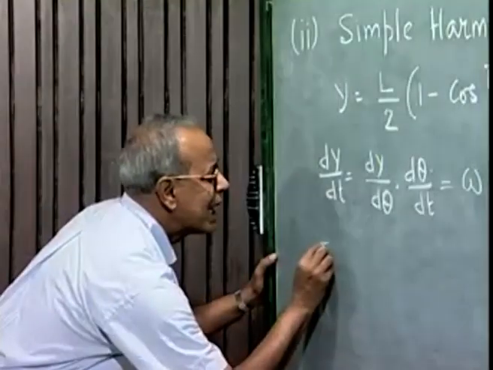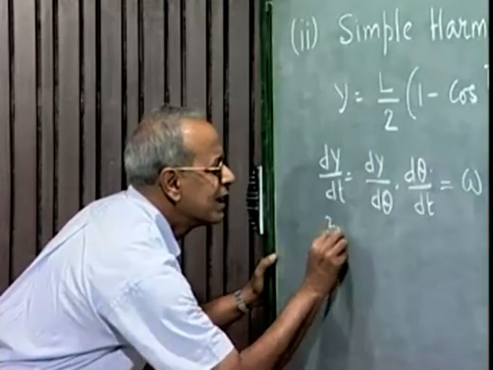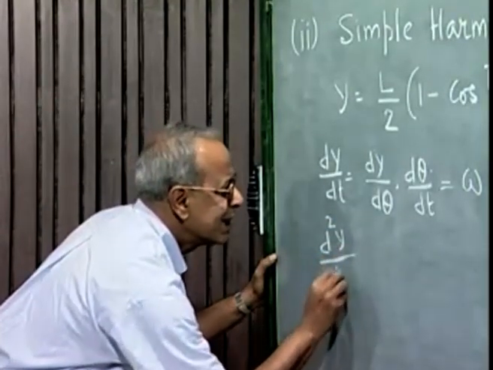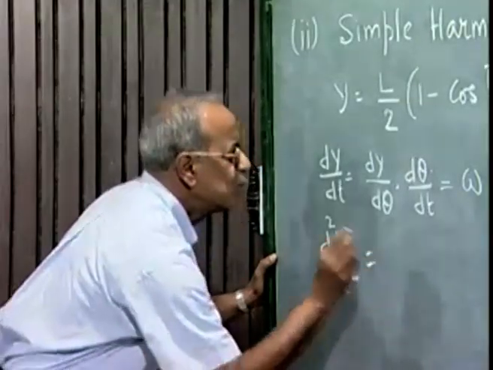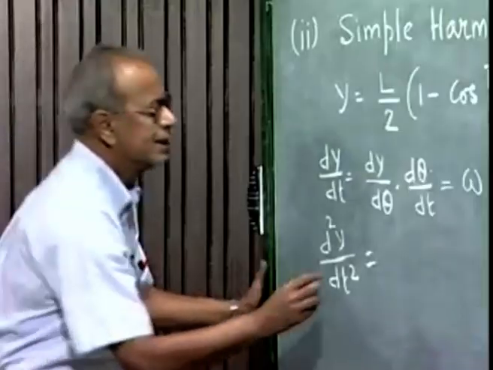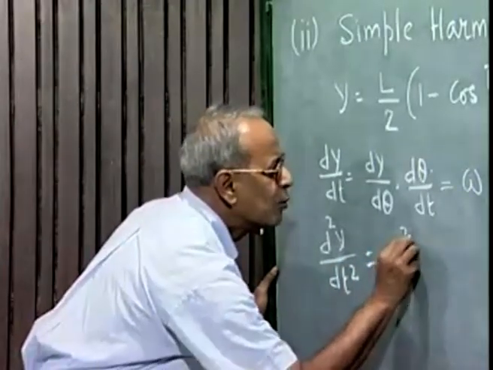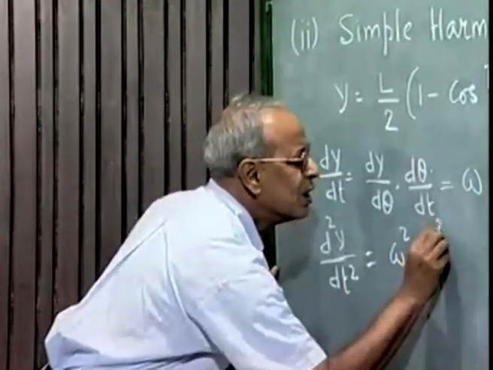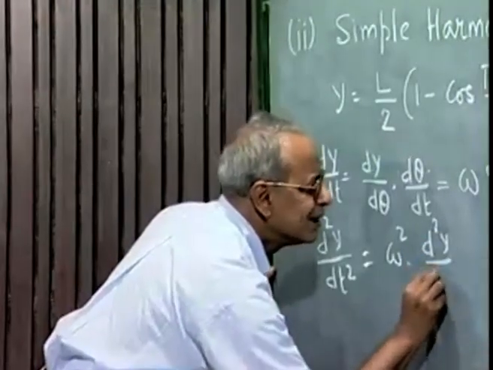Similarly, if we look for the acceleration of the follower, that is the second derivative of y, d2y dt2, that we can get as omega squared into d2y d theta squared.